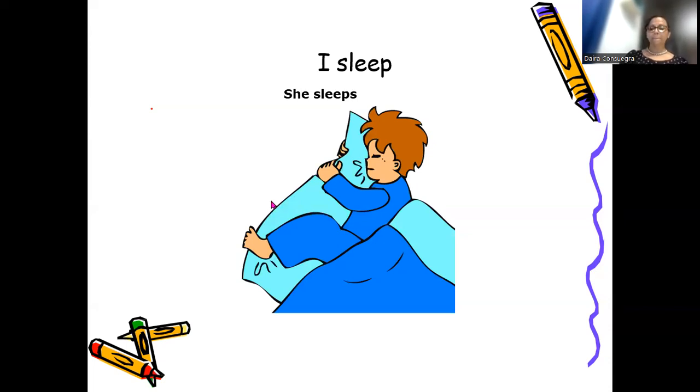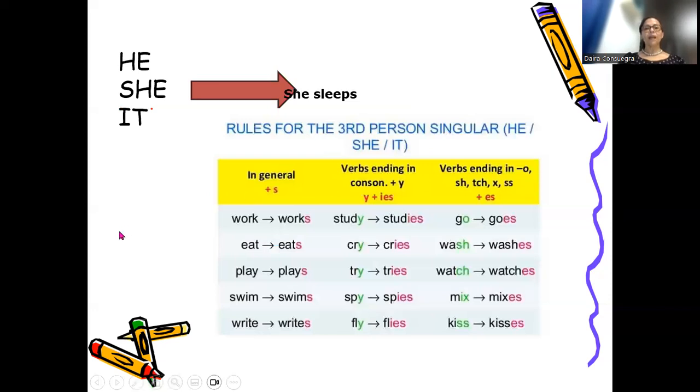Okay, and then we have the rules in a more summarized way. As I mentioned before, he, she, and it need these rules. Why? Because they are third person singular.